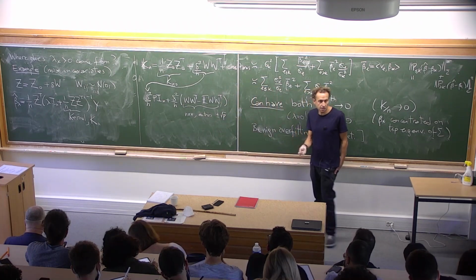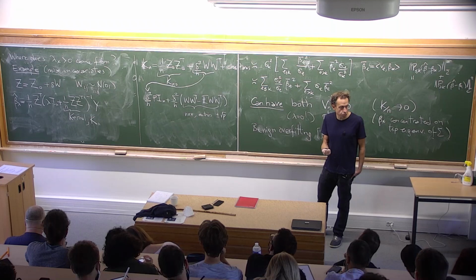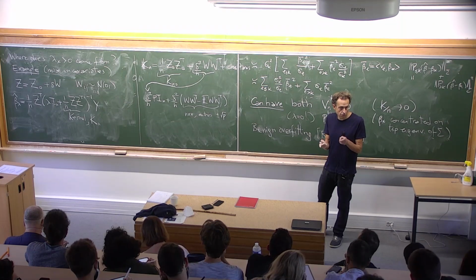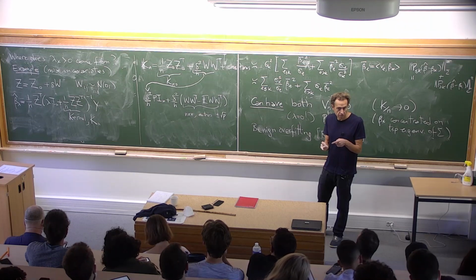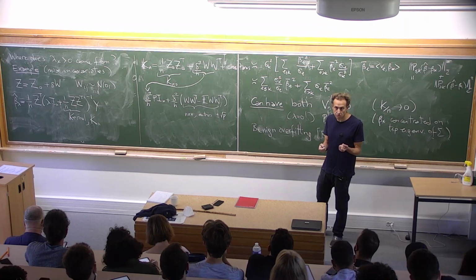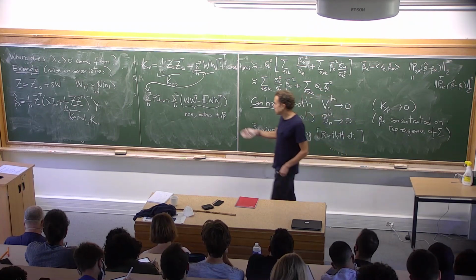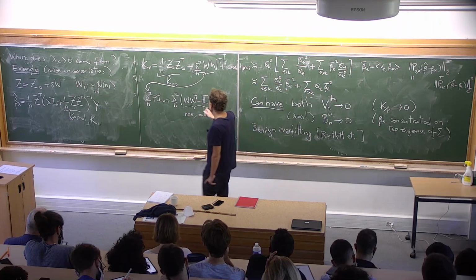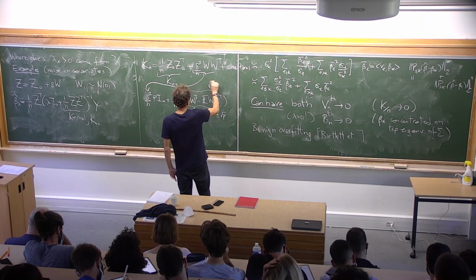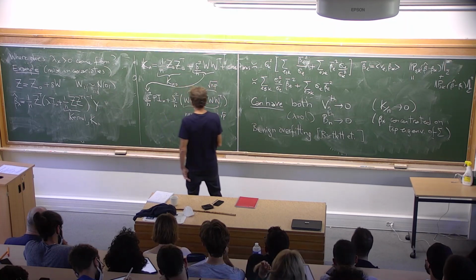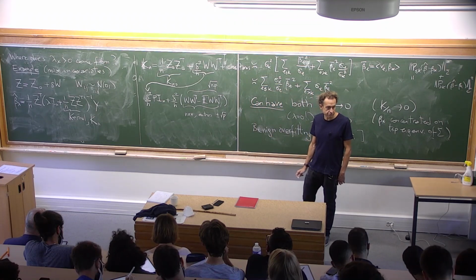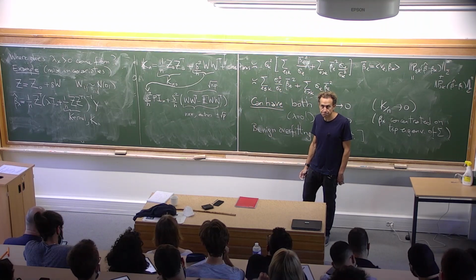Because each entry is the product of two standard Gaussian vectors of length p. So by the central limit theorem, the entries are Gaussian, and this is really very similar to a Wigner matrix. So you would guess, and in fact it's not hard to prove, that the operator norm of this matrix is square root of n times p.